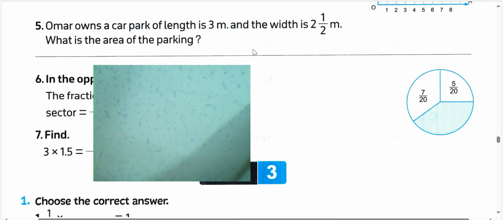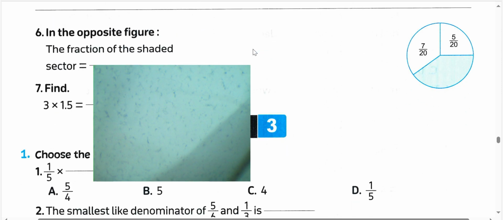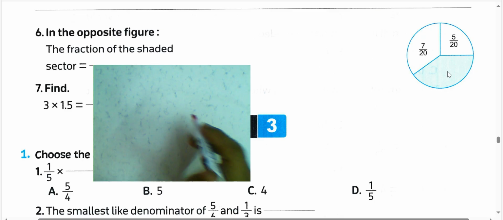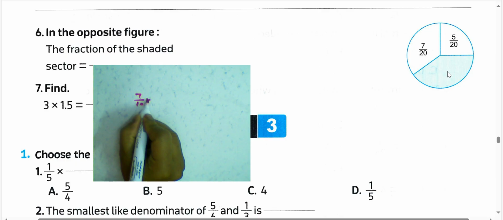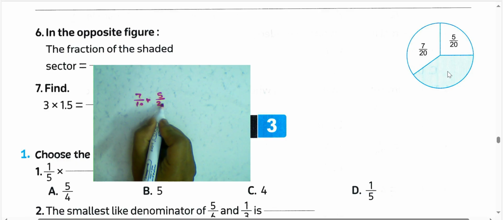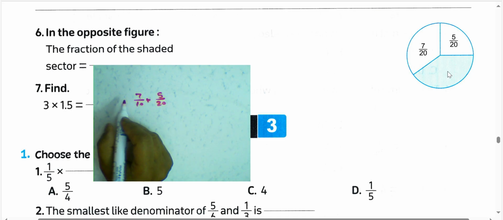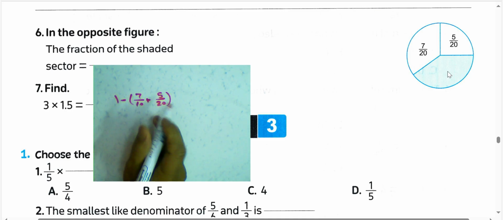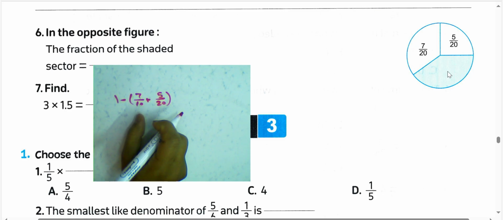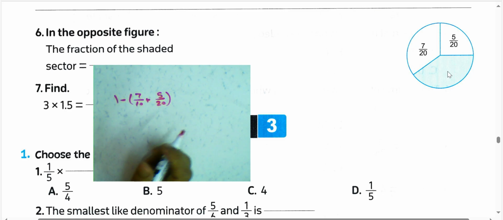Next question. Number 6, it's the opposite figure. The fraction of shaded sector will be what? We know 7 over 10 plus 5 over 20 plus the colored part equals 1. So the colored part would be 1 subtract the sum of the two fractions. 1 subtract 7 over 10 and 5 over 20.